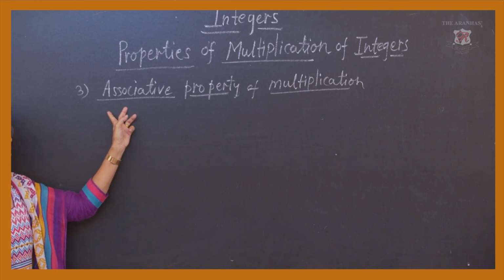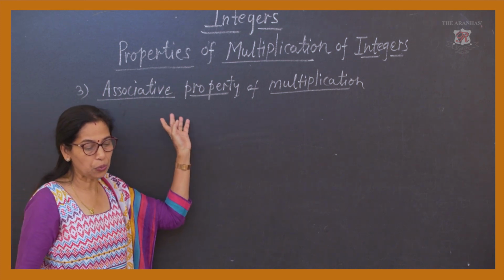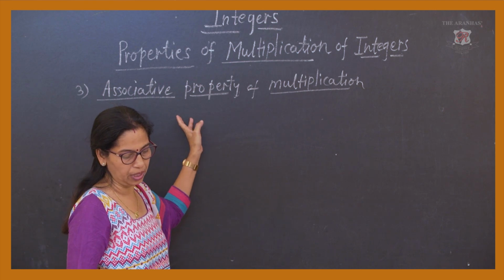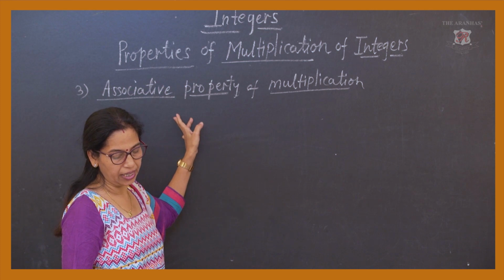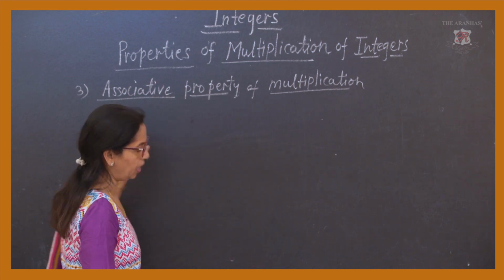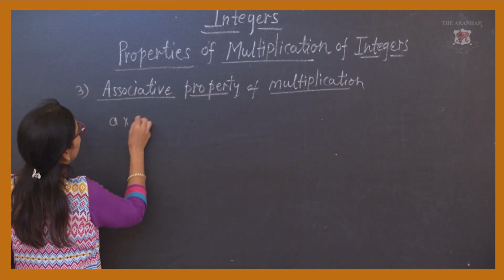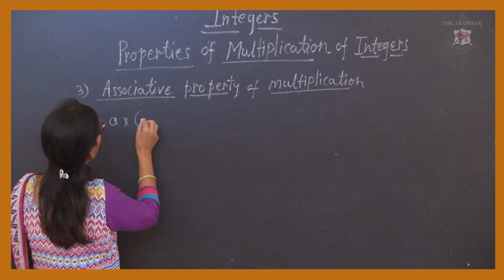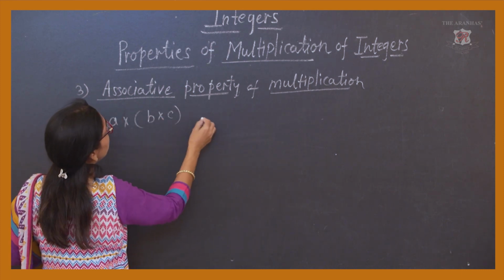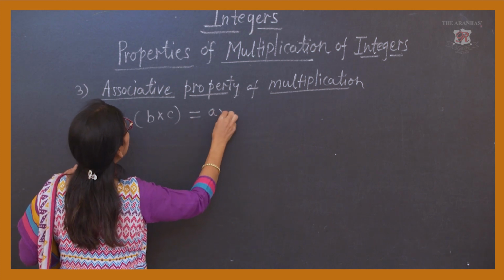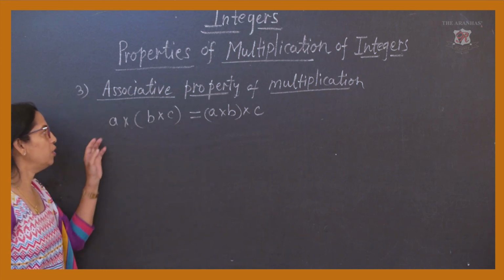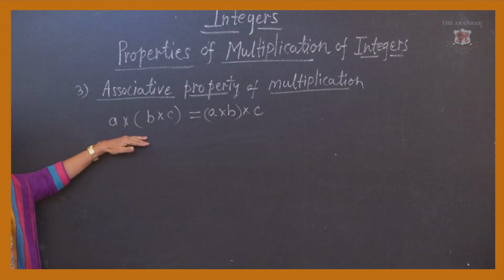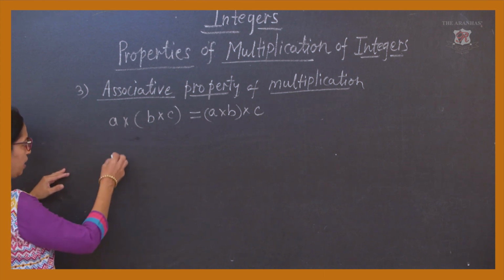We are going to see it with an example. Before that, if we multiply three integers like a, b and c, we get the same product, like a into b into c. So this associative property you can check out with the example.